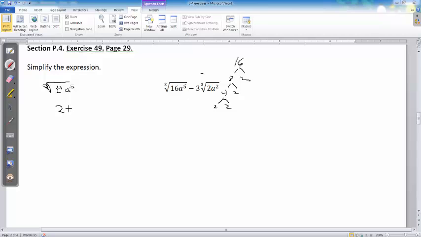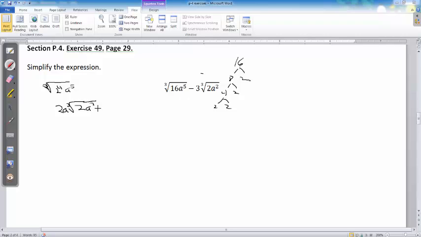Remainder of 1, so I have to leave a 2 inside as well. 3 goes into 5 once, so I get to bring out an a. Remainder of 2, so I have to leave a squared inside. I don't need to put absolute value on this because this is an odd root.